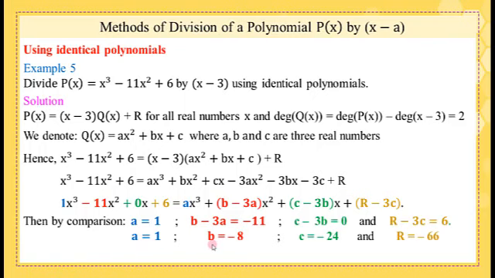So a equal to 1, b equal minus 8, c equal minus 24 and r equal minus 66. Then p of x can be written as parentheses x minus 3 into 1x squared minus 8x minus 24 minus 66.